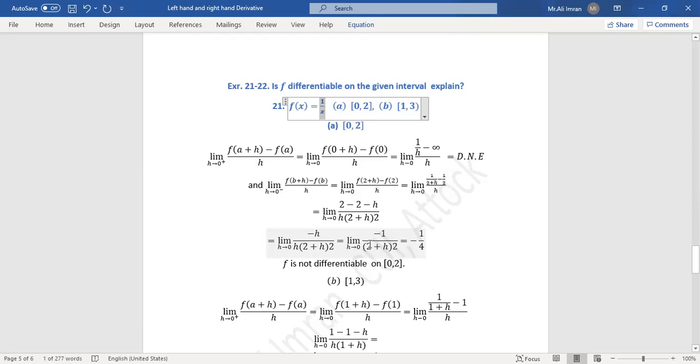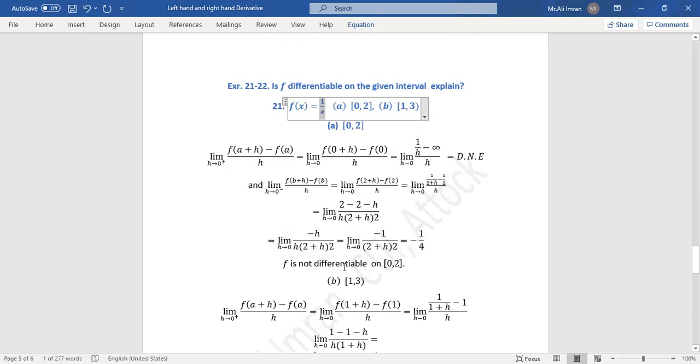Now this is the same in simplified form. Putting the limit h equal to 0, we have the left hand derivative limit equal to minus 1 by 4.